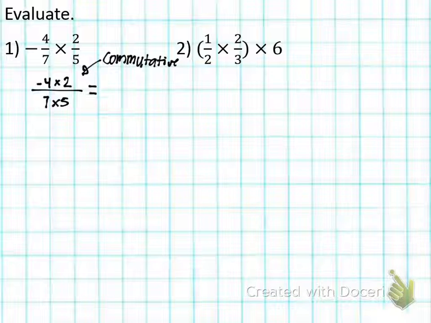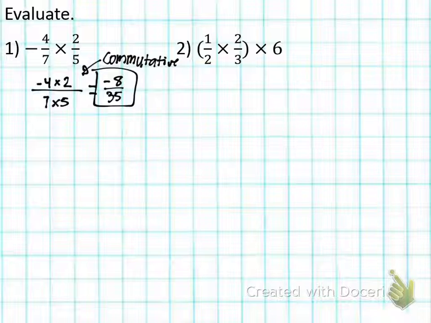Negative 4 times 2 is negative 8, and 7 times 5 is 35. For some students, it's a little bit easier to think that way. Could you have done this one in your head? Yes, you can totally do it in your head, but I used the commutative property to work my problem out in chunks. Does that make sense?